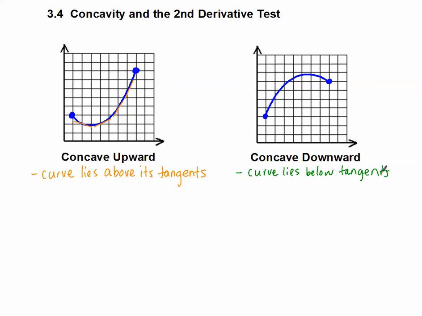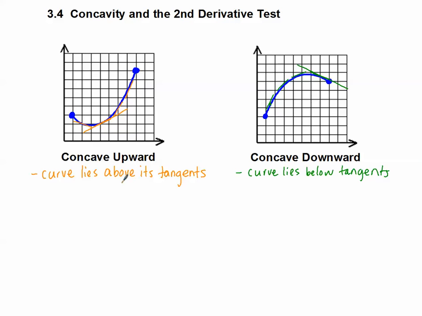So if I draw the tangent lines anywhere I pick, the curve is bending below those tangent lines. And it's sometimes easier to see if you draw the tangent line longer. If you draw it longer, you can see the curve bending downward below versus concave upward. If I draw the tangent line longer, you can see the curve bending upward above the tangent lines. So the curve lies above its tangents or below its tangents.